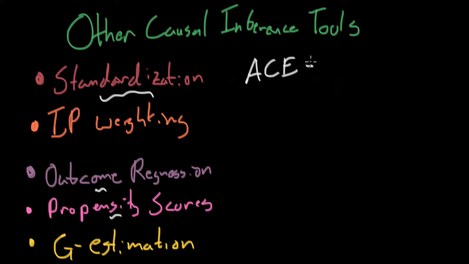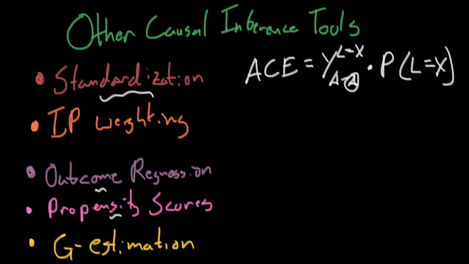So the average causal effect in standardization equals the average causal effect in each subpopulation, so L equals X, so for example, you are left-handed, times the probability that this subpopulation occurs. So the probability that this subpopulation is in the true population. For example, for left-handed and right-handed people, 10% of people are left-handed, and so the probability of being left-handed is 10%. So if you remember from our original discussion, this was pretty easy.